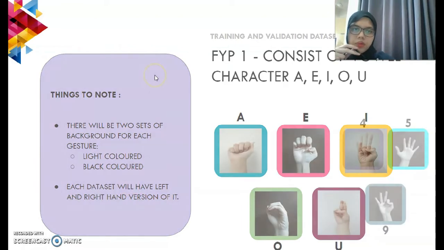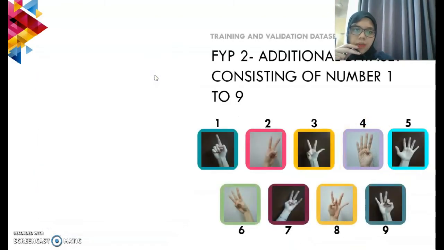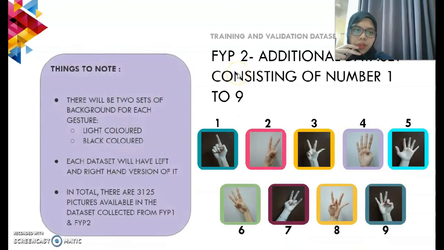Next is for FYP2. I have added an additional dataset consisting of gestures for numbers 1 to 9, and here are examples of it. Same as FYP1, there will be two sets of background for each gesture, light colored and dark colored, and each dataset will have left and right hand versions.